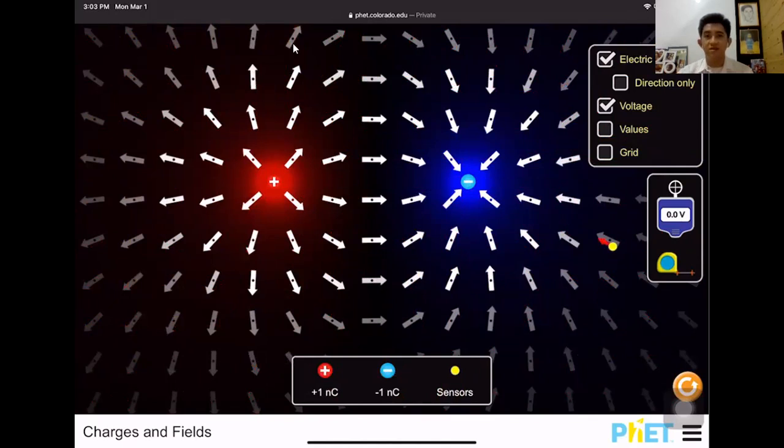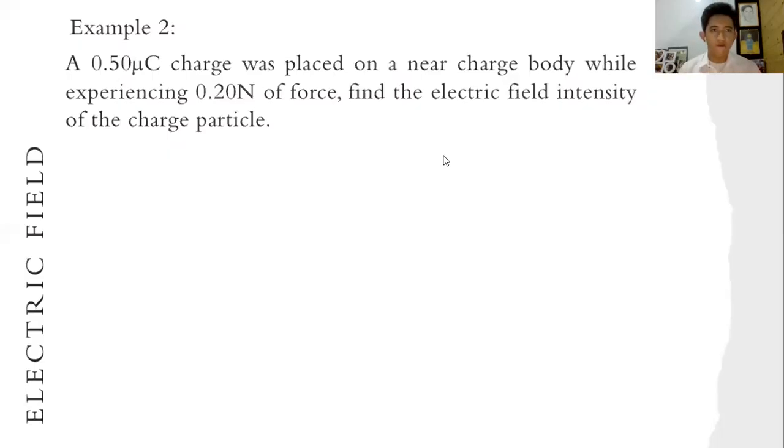So let's have an example to calculate. So we have here a 0.50 microcoulomb charge was placed on a near charge body while experiencing a 0.20 Newton of force, and we want to identify the electric field intensity of the charge particle.